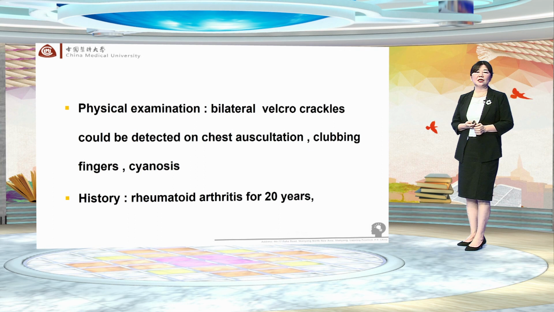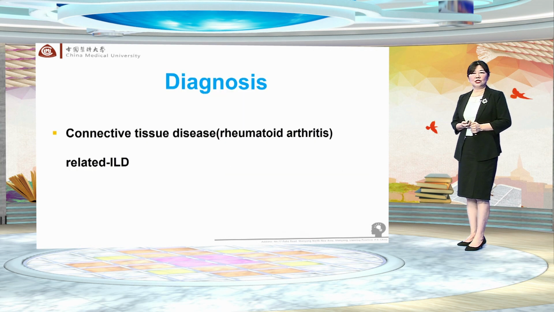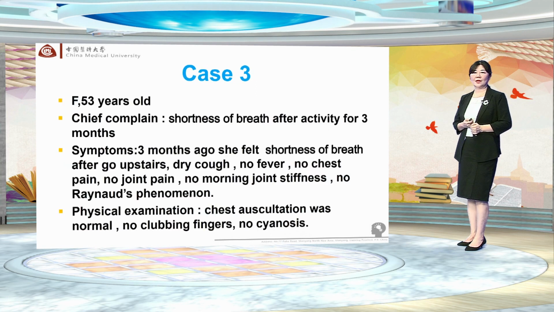So we asked for her history. She has had rheumatoid arthritis for 20 years. The CT scan showed basal and subpleural predominant reticular patterns, ground glass and reticular shadows in the lower lung, no traction bronchiectasis and honeycombing. So the diagnosis of this patient was connective tissue disease related ILD. The connective tissue disease was rheumatoid arthritis.